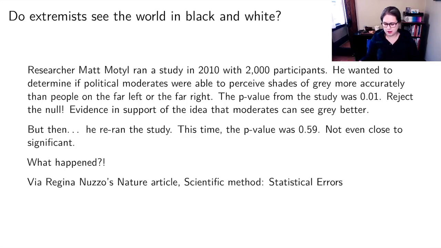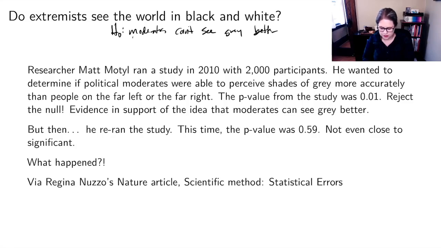And his hypothesis was that, kind of the null hypothesis, moderates can't see gray better than extremists. And his alternative hypothesis was that moderates can see gray better.